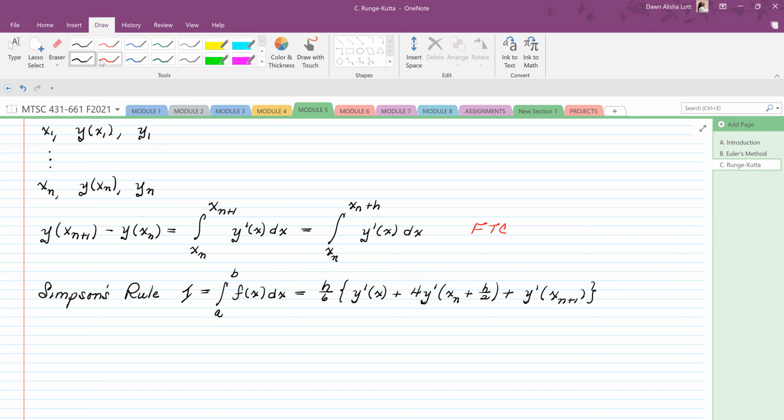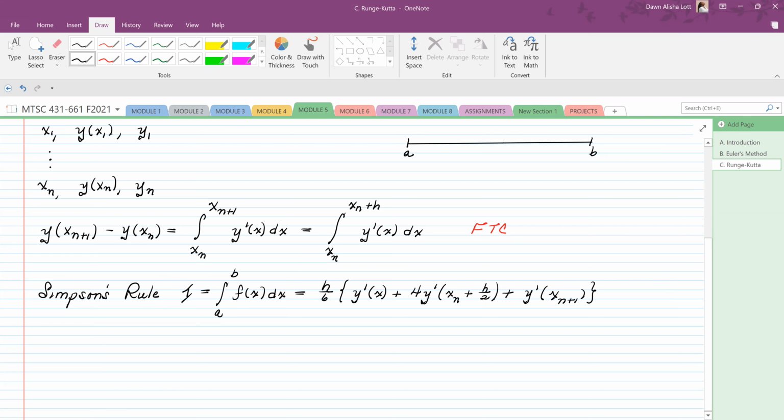If you recall, when we first talked about the trapezoidal rule and Simpson's rule, it was h over 3. The reason it was h over 3 is because we took an interval a to b and we divided it up into n intervals.